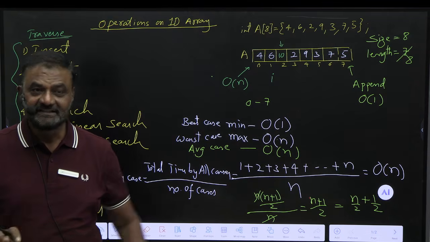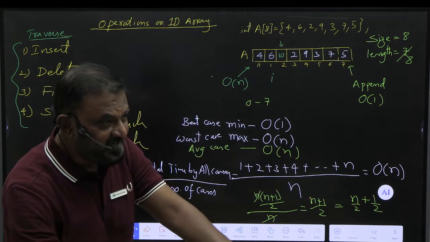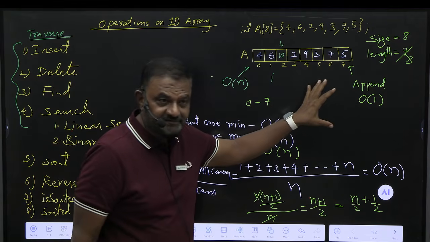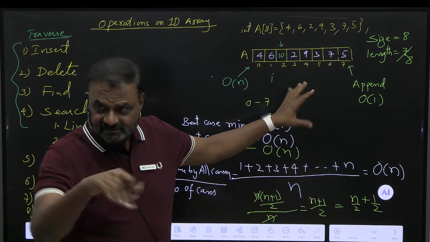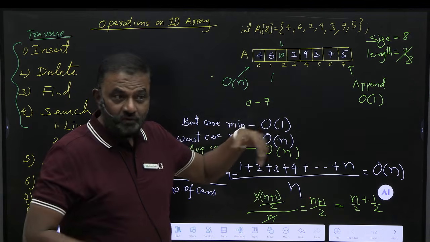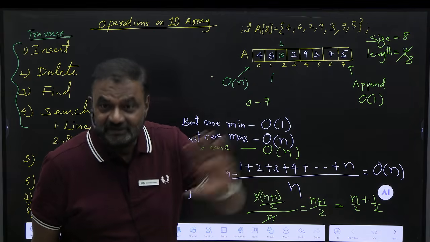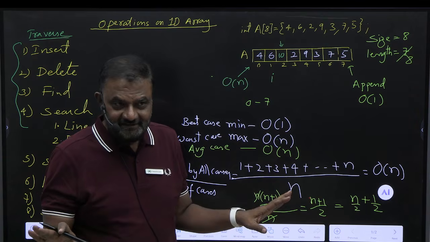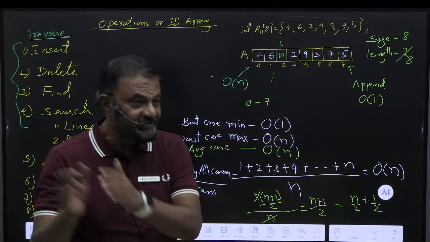Now, listen. For identifying best case, was it easy? Yes. Finding worst case, was it easy? Yes. We know that for insertion, we have to shift the elements.